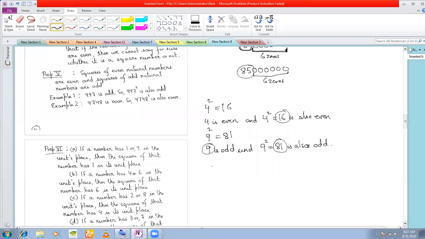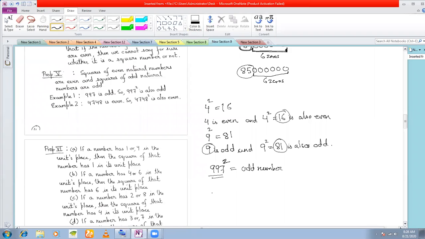So if I ask, what is the square of 997? Will it be even or will it be odd? Odd, because 997 itself is an odd number. So when I'm squaring it, it will be an odd number.